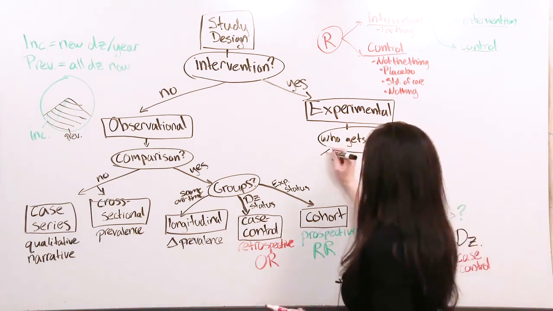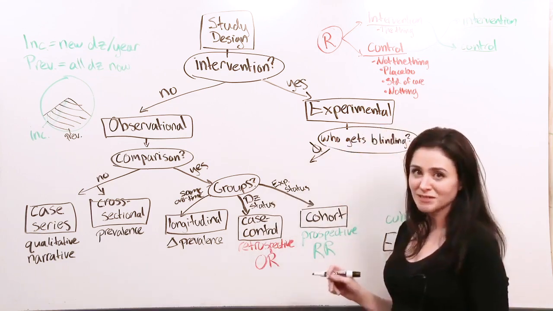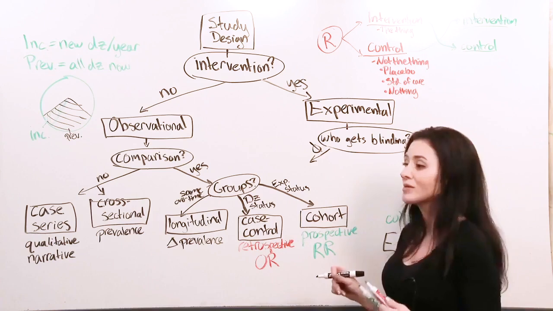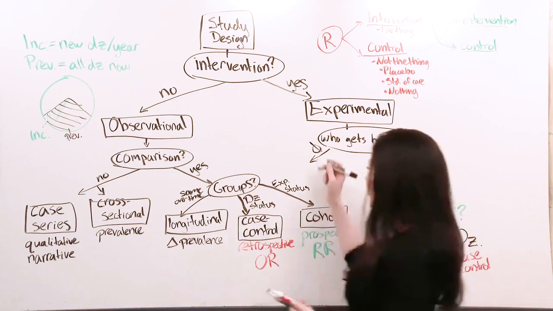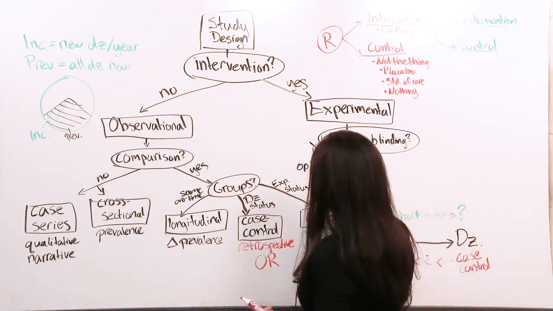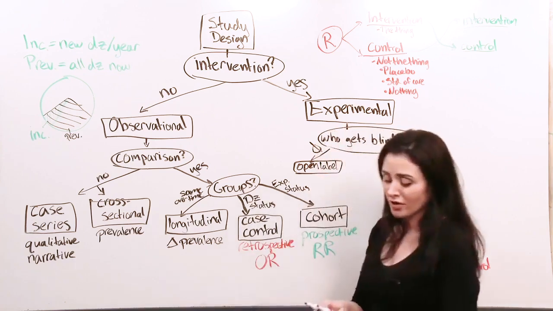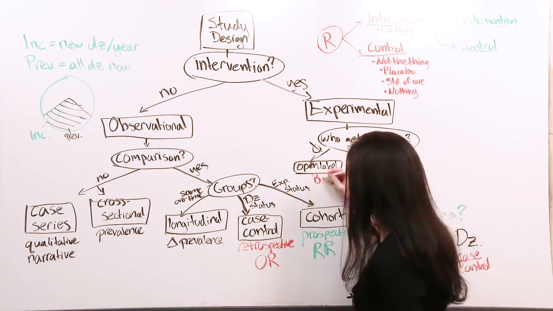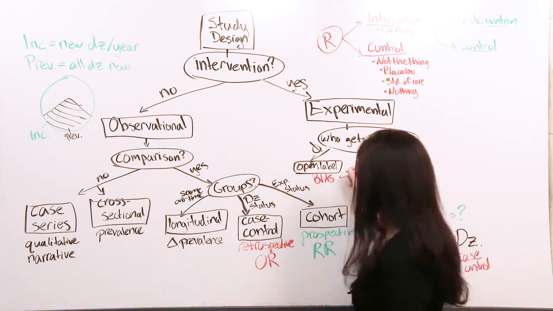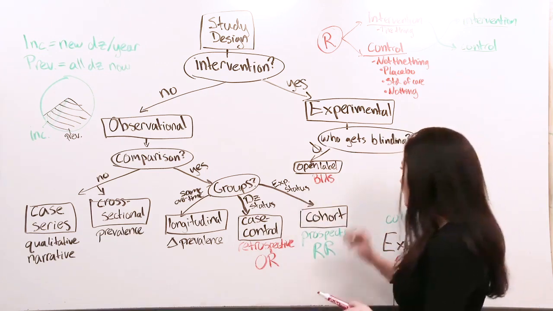So, if no one is blinded, if everybody knows what group they're in, if the patients know that they're getting the placebo or they know that they're getting the treatment, and the researchers know too, what you have is an open label study. Open label studies are not preferred because they have the greatest risk of bias because everybody knows what group they're in. But sometimes you can't avoid it, so you're kind of stuck.